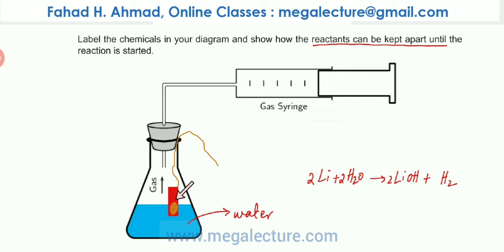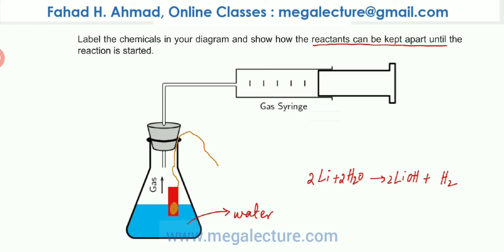Once you let go of the thread, this lithium over here is going to fall into the water that's over here, and the reaction is going to start. So that is one way that lithium could be kept away from the water that's in the flask by hanging the lithium or the piece of lithium in a tube with a thread and then letting go of the thread when you want the reaction to start.